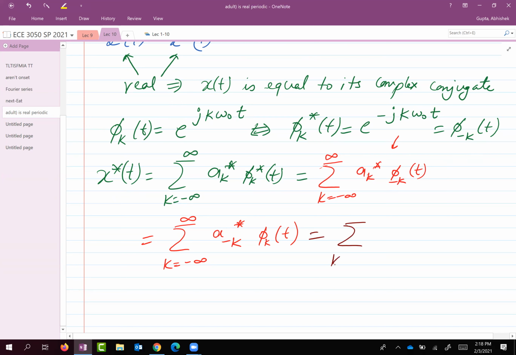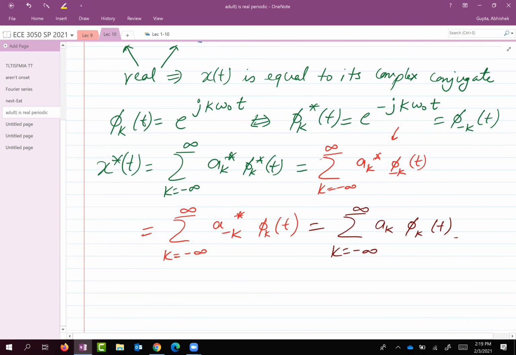And this is equal to a k phi k of t. Any questions on this step?